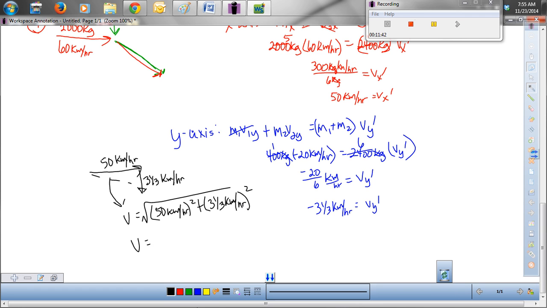So if I can do that math, alright, turn this lovely iPad back on. So I have 50 squared. And I'm going to square my 3 1/3. And I'm going to get the square root of that. I get 50.1. So it didn't make a whole hill of beans of difference. Actually, I should say 50.1.